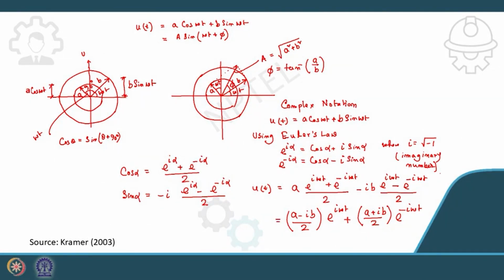Now, one more thing that I want to show you: I have the u(t) expression that is equal to A sin omega t. This is the displacement, so how will I get the velocity? The velocity will be u dot of t, that is simply du by dt.